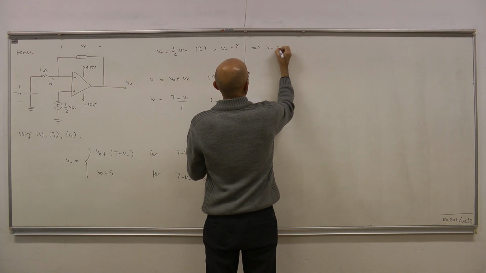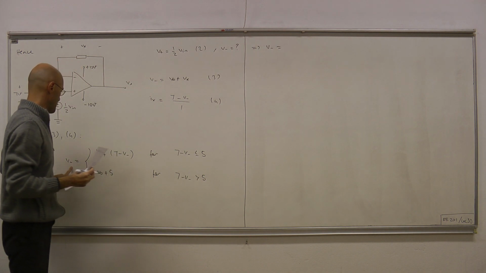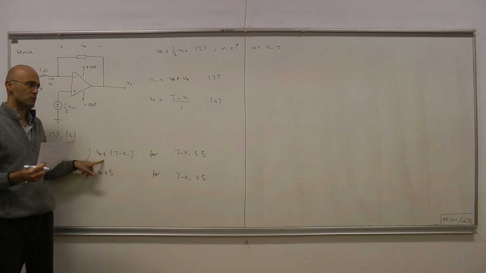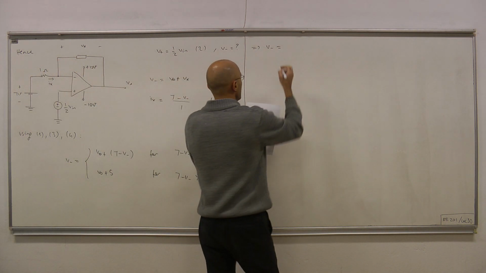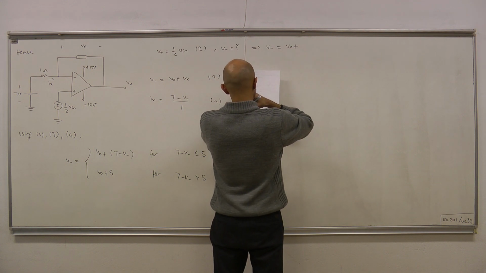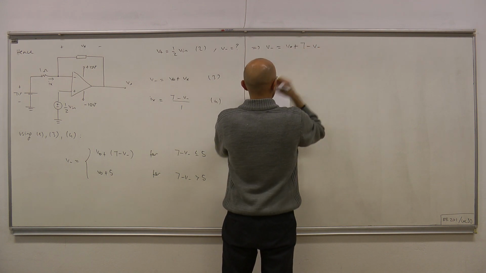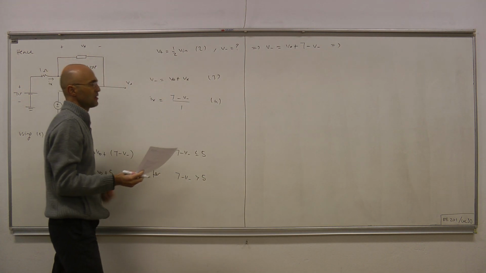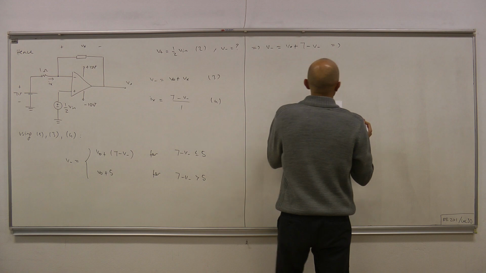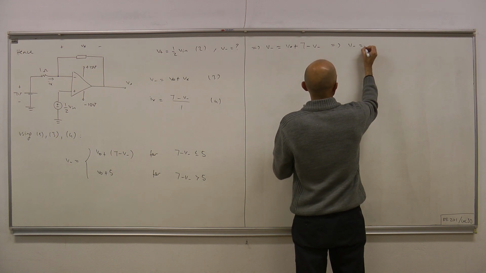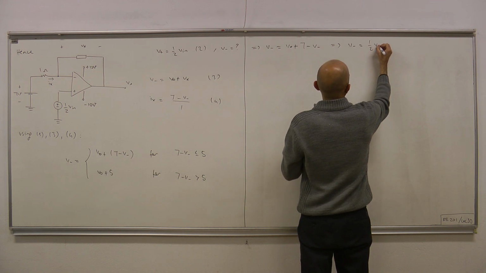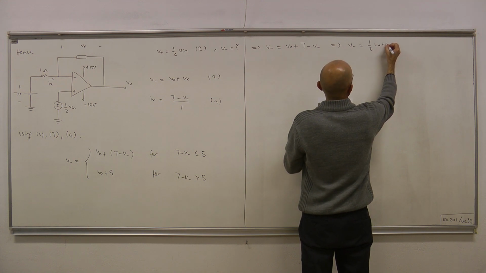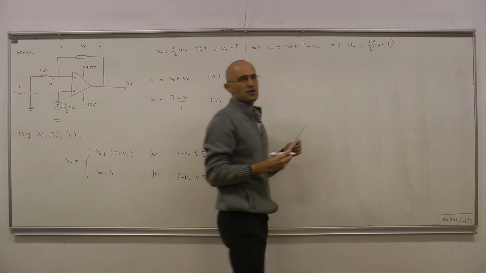Suppose V minus equals V out plus 7 minus V minus. Collecting V minus on the left hand side, we can write V minus equals 1/2 V out plus 7.